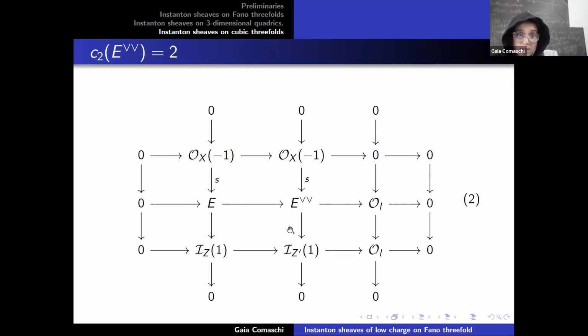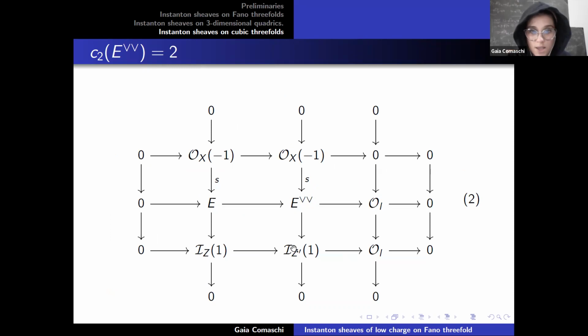Since this global section comes from a global section of E1, here we can complete the diagram in this way, so we can put here O_L. Therefore, the cokernel of this global section will be of the form ideal sheaf of a scheme Z twisted by 1, where Z will be a scheme containing Z prime.